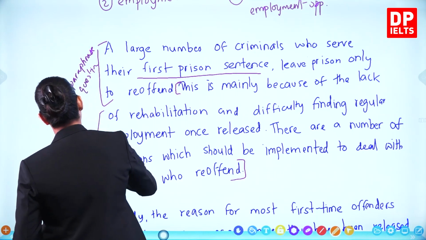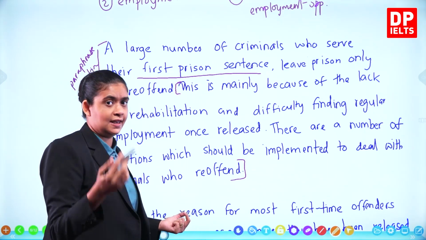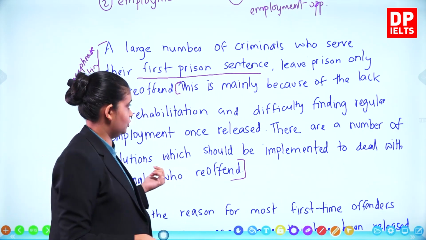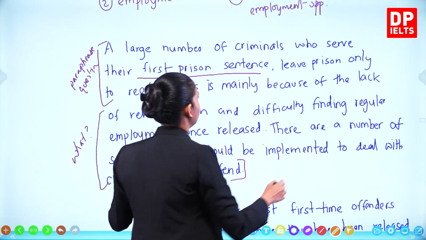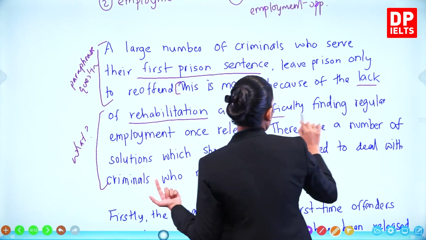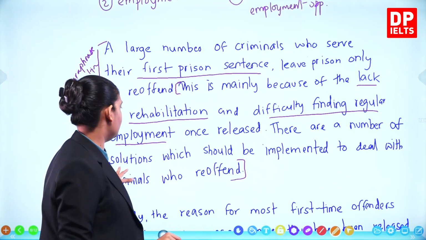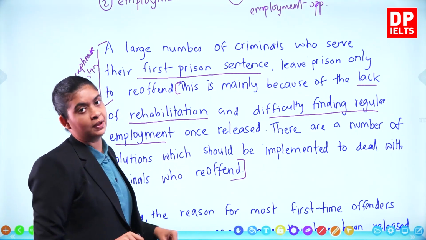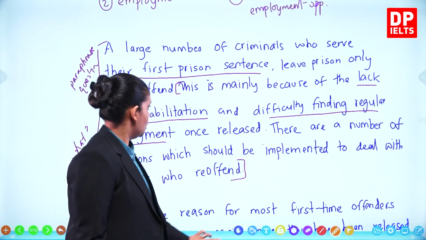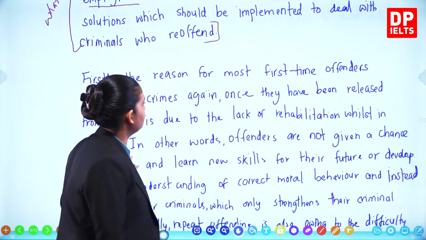So this bit is kind of what is the answer, what will your structure be like. So you're not saying this essay will discuss, but in other words you're saying, okay, this is the answer to the question. This is mainly because of the lack of rehabilitation. Number 1 point, cause 1, difficulty finding regular employment, cause 2. And then we say, okay, there are different solutions that could be implemented. So we're not really saying the solutions because they're going to deal with these causes. So first one is lack of rehabilitation. So that's what we are going to have a look at first.